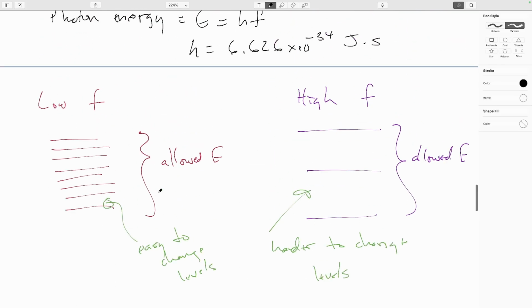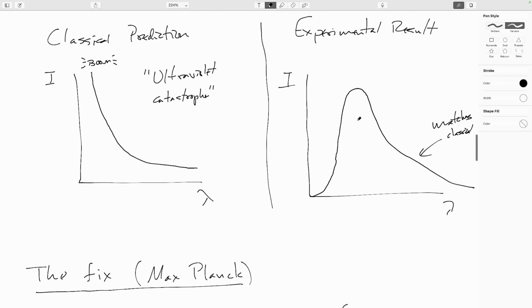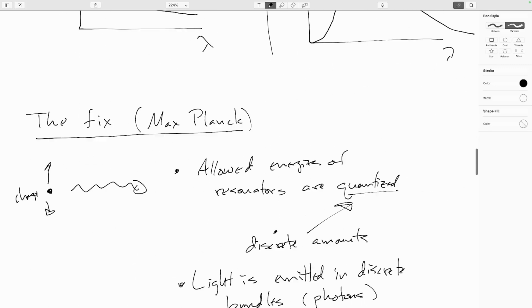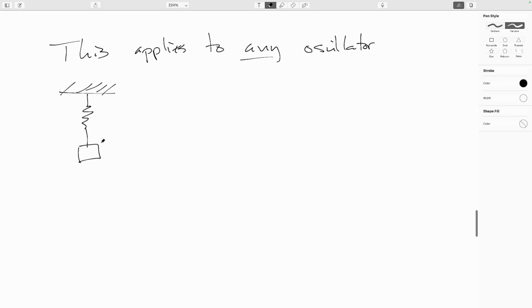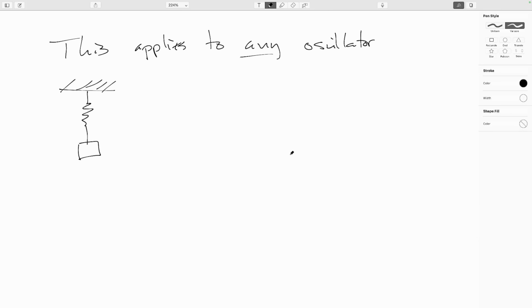So classical physics clearly didn't work here. Planck's new model fixes that, but we have to make sure that we don't break things like masses on springs. So to this end, let's actually go ahead and give this some numbers. For a typical lab setup here, we might have 50 grams of mass hanging on something like a 10 Newton per meter spring.